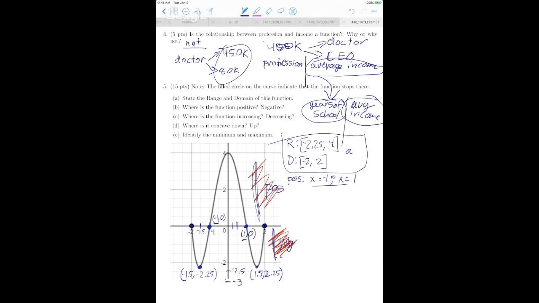This would get you most credit. But if you really want to nail this, you've got to give me interval notation. -1 to 1. There you go. And it's negative, well, where it ain't positive, right? And that would be from -2 to -1, and again from 1 to 2. All right, there's part B.